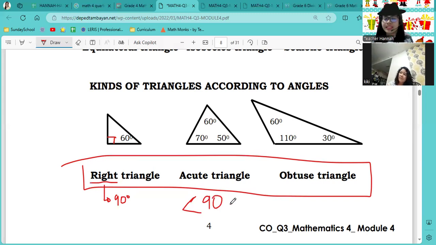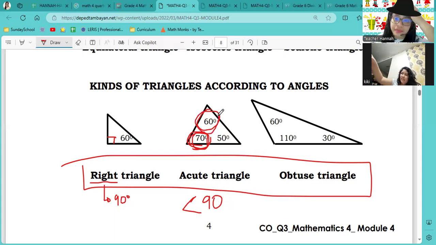Is this less than 90? Yeah. Is this smaller than 90? Yeah. How about this one? Is this bigger than 90? No. Okay, so they are all smaller than 90.